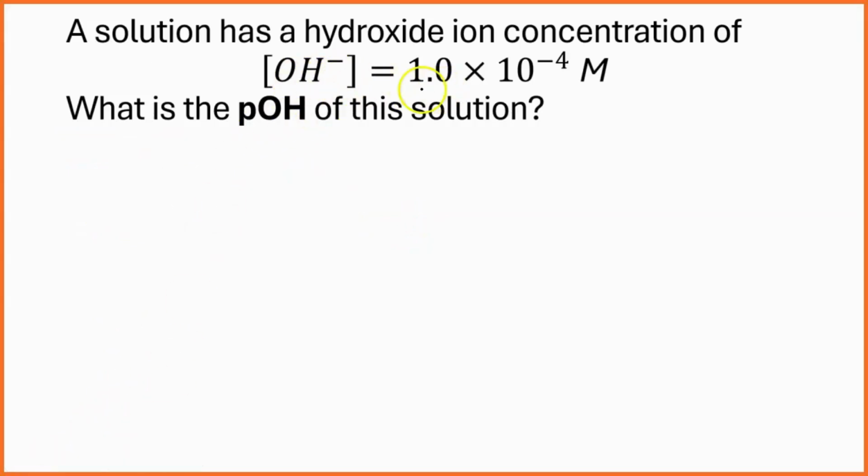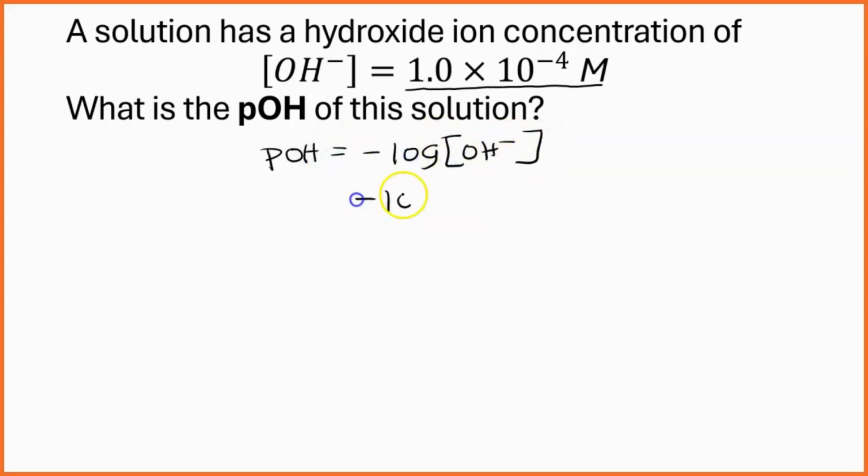I know that the hydroxide concentration is this value here. The formula says that the pOH equals the negative log of the hydroxide concentration. I'll plug that in. And in the calculator, we're typing the negative log of 1e negative 4. In this case, the pOH is 4.